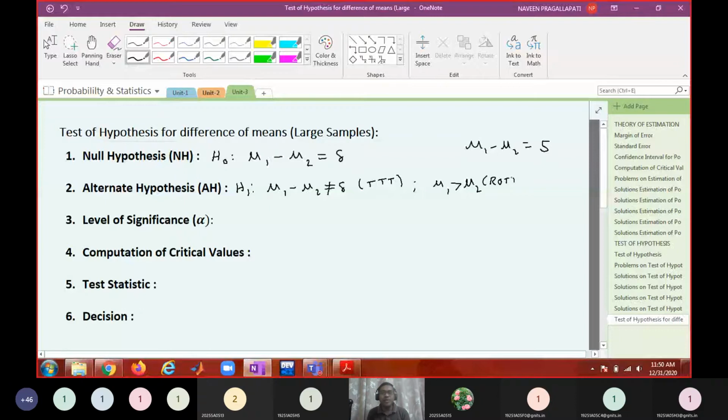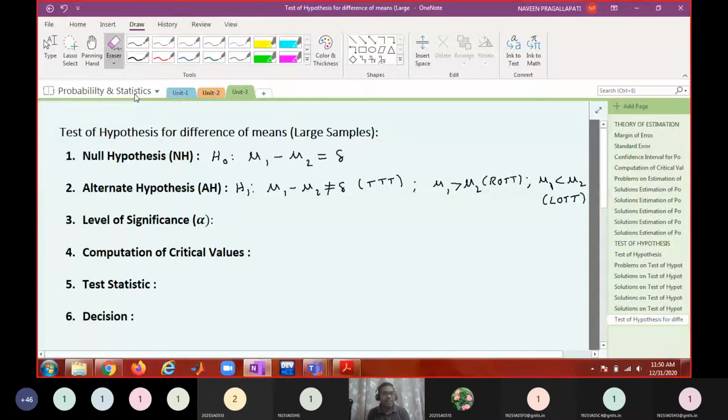Suppose mu1 minus mu2 is minus 5, which one is bigger? mu2. That means mu1 less than mu2. What is this test called? Left one-tailed test. So depending on your delta and the problem, you suitably apply a two-tail test or right one-tail test or left one-tail test.